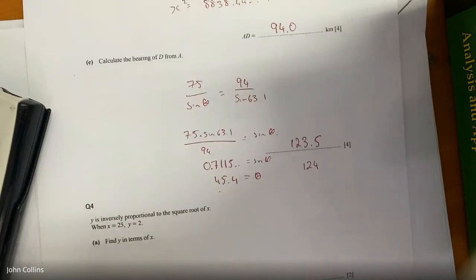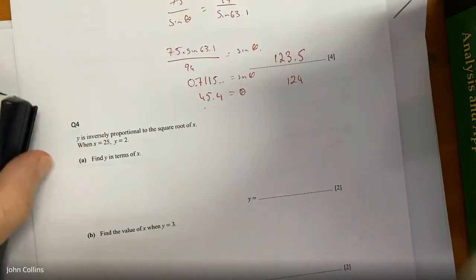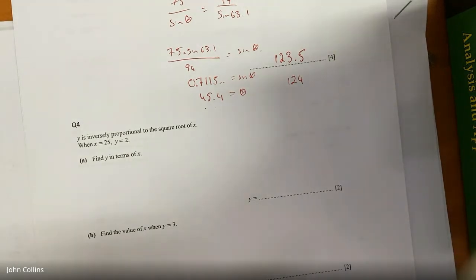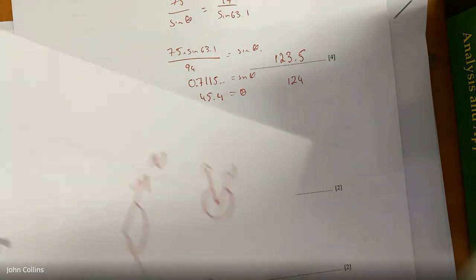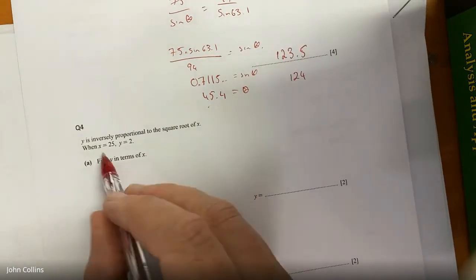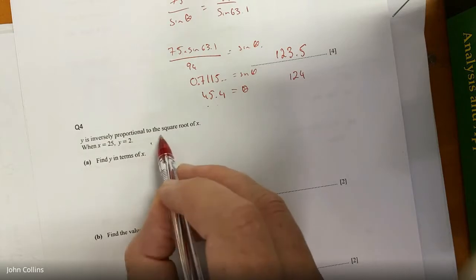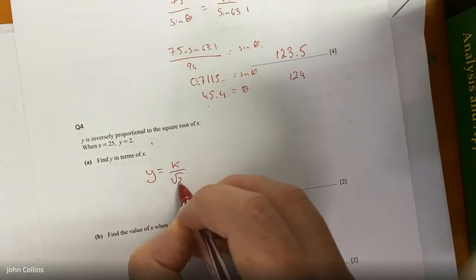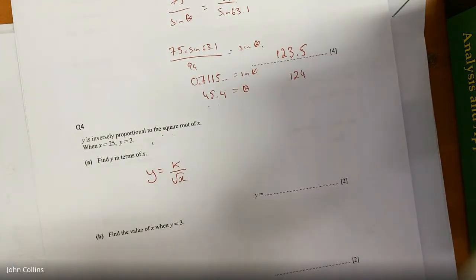Tricky question again. Okay, so question 4, proportionality. I think the first 2 parts of this were straightforward, and then not so much after that. Okay, so y is inversely proportional to the square root of x. So hopefully we all got to this statement straight away.